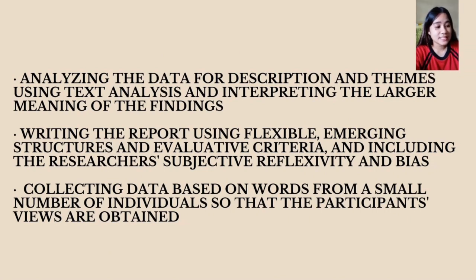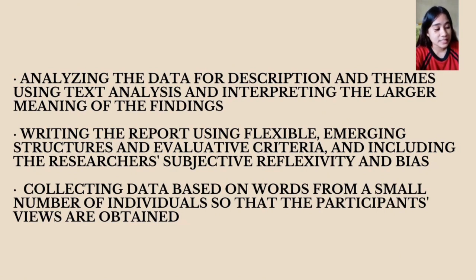Fifth is analyzing the data for description and themes using text analysis and interpreting the larger meaning of the findings. So in qualitative research, typically you gather a text database. So the data analysis of text consists of dividing it into groups of sentences called text segments and determining the meaning of each group of sentences.